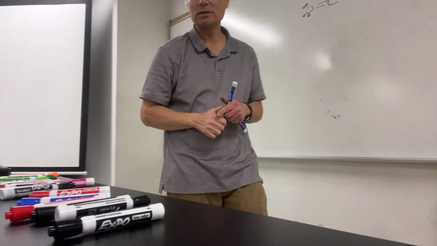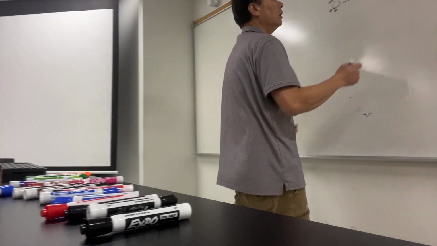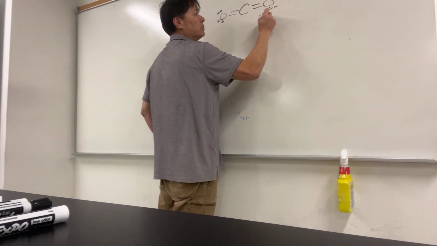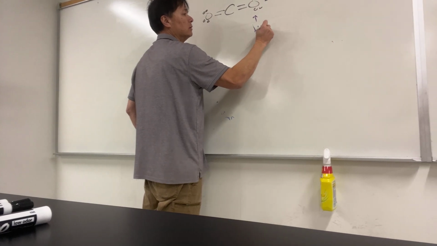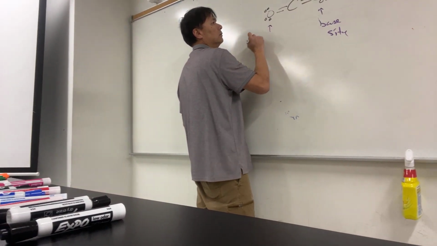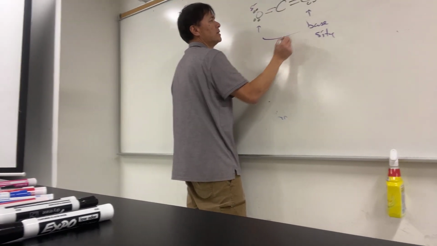And then we analyze it. The oxygens here are electron pair donors, and they have a delta minus charge. And so these are what we call base sites, or base atoms. This is delta minus. This has got a lone pair, so this is a base site.